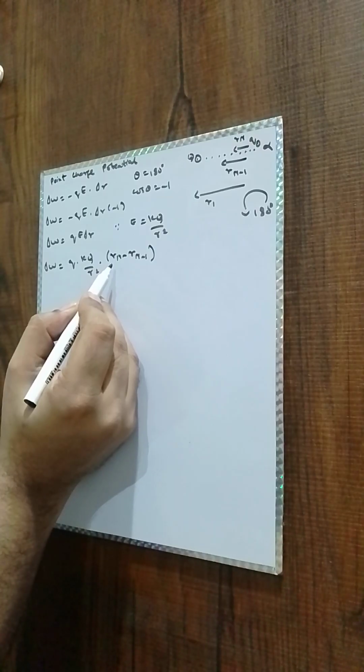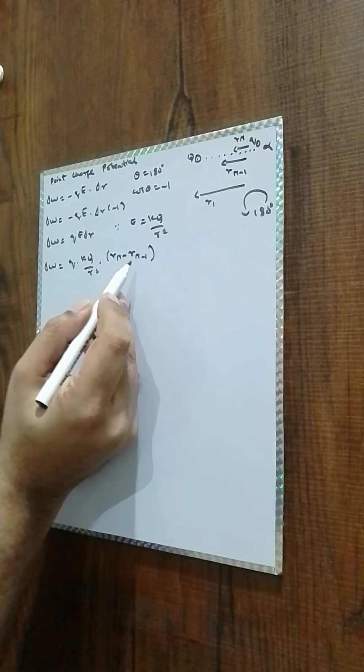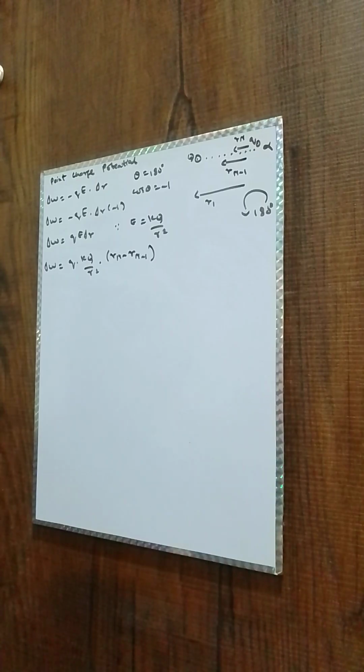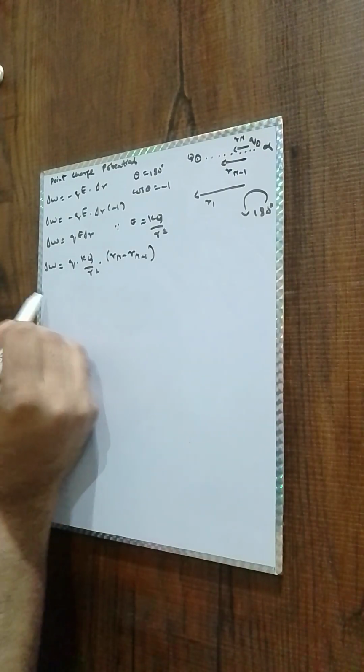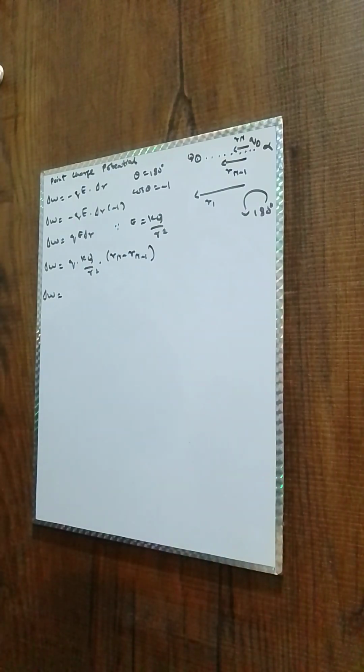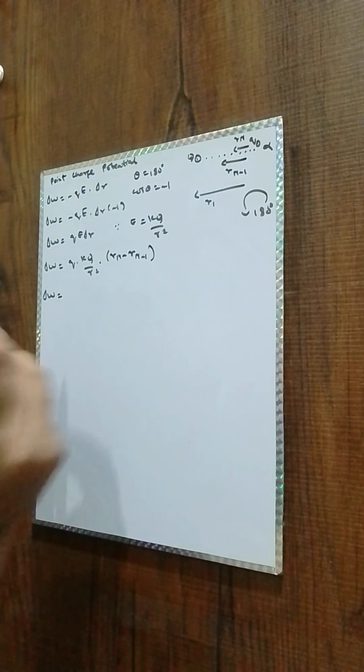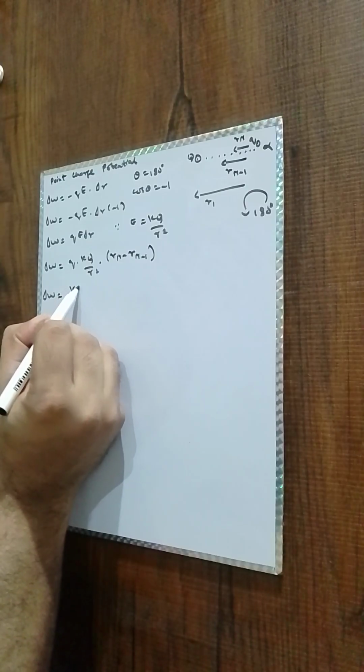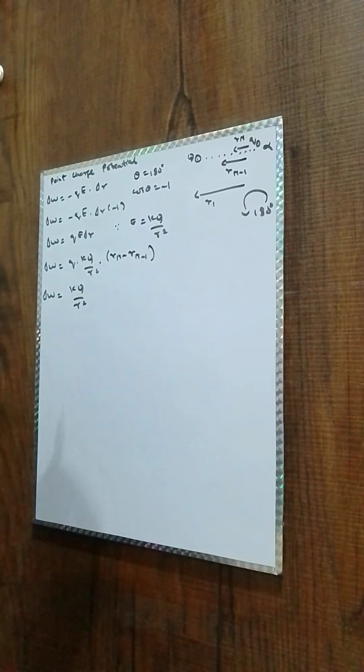So this is delta R basically. It can be R2 minus R1, it can be R3 minus R2, it can be R4 minus R3 in general form. So delta W is equal to KQ by R square delta R.